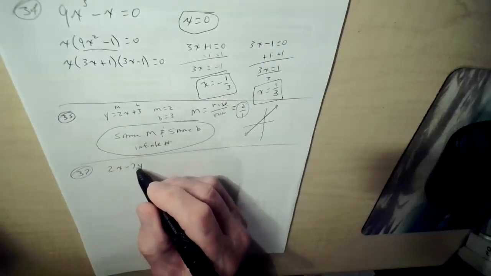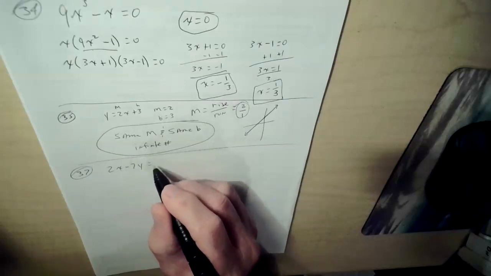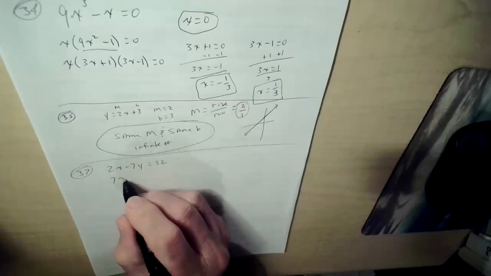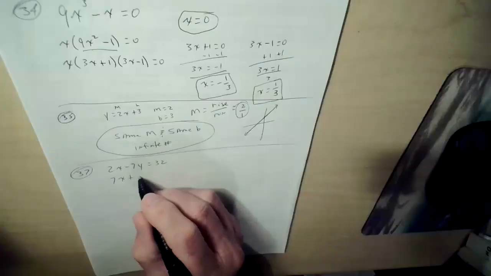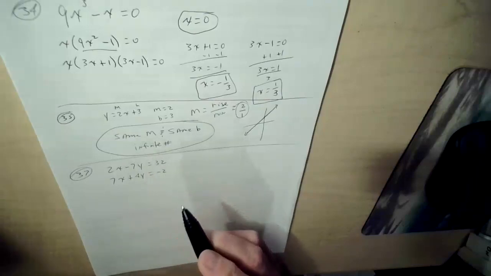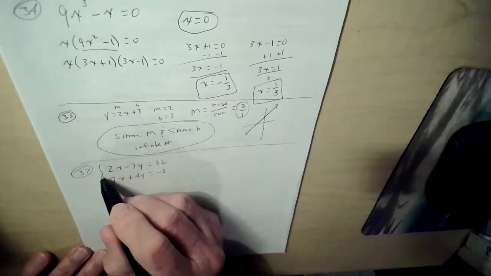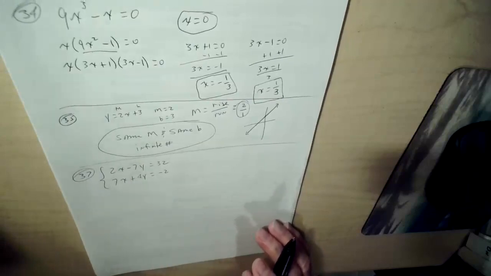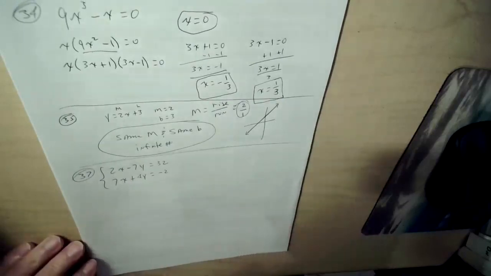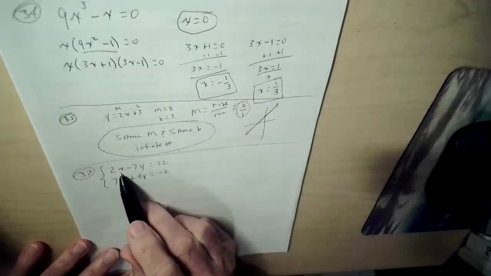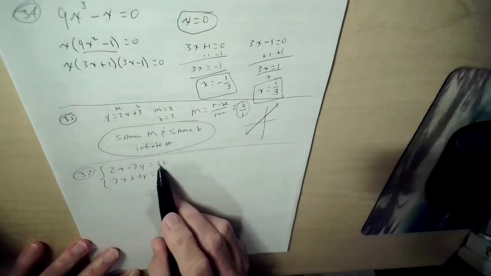Okay, it says to solve this by any means. 2x minus 7y equals 32. 7x plus 4y equals negative 2. Now, system of equations.